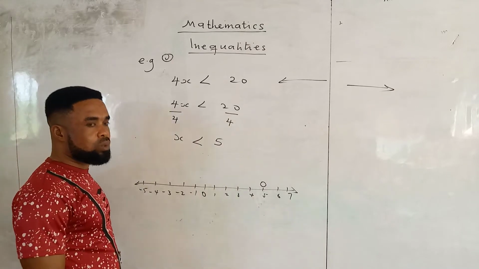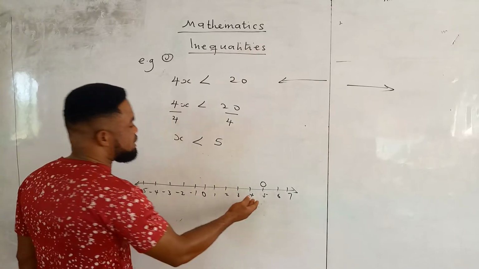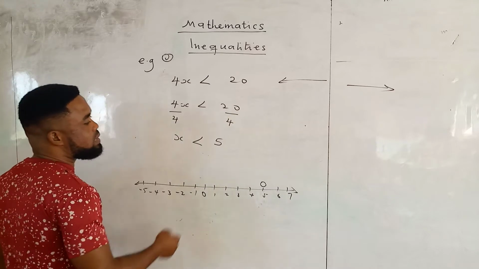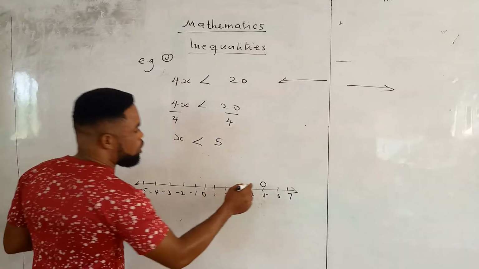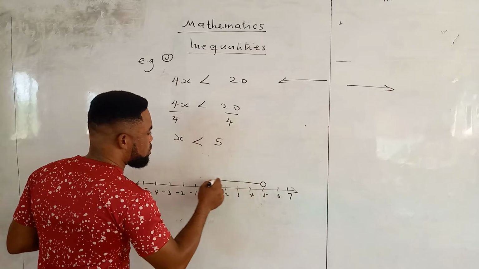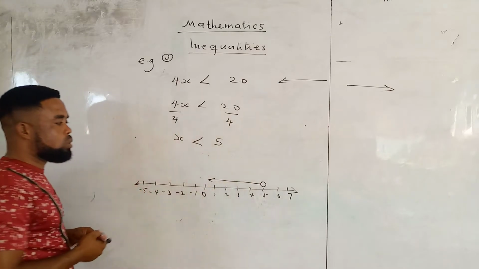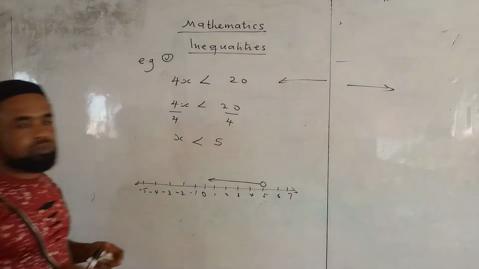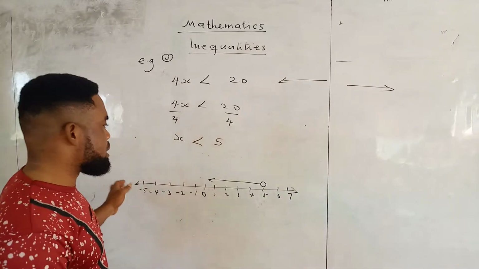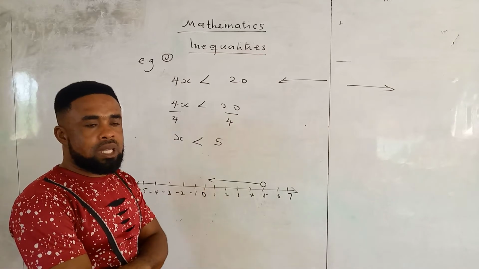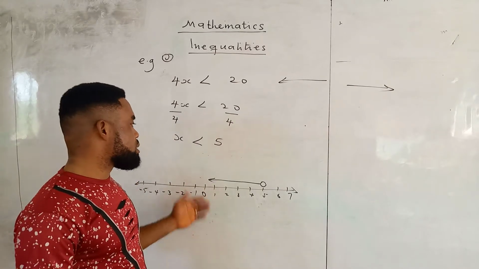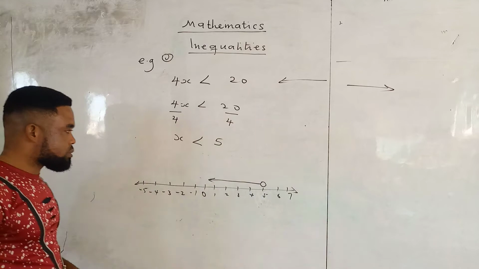Are you getting it? Good. So it means that the elements of x are less than 5. So you draw your arrow and show towards that direction. Since all these elements are less than 5, you show the arrow towards such direction. Good. So that is the diagram for it.